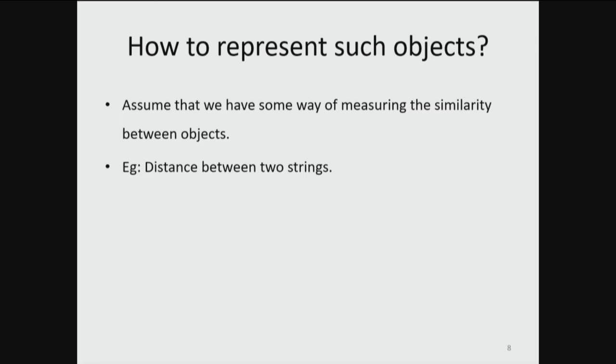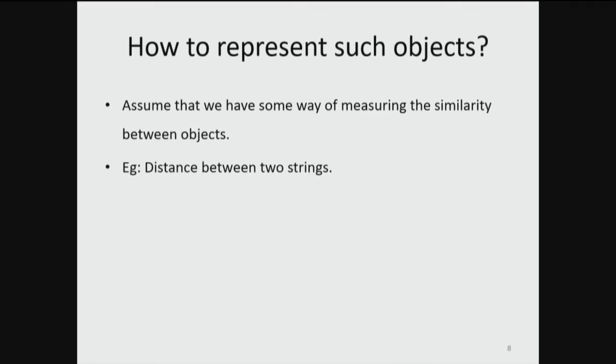Assume that we have some way of measuring the similarity between objects, similar type of objects, suppose two text documents. Can we have some sort of similarity drawn out of these two text documents? Or if we have two molecular structures, can we have some relation or some similarity derived out of these two?